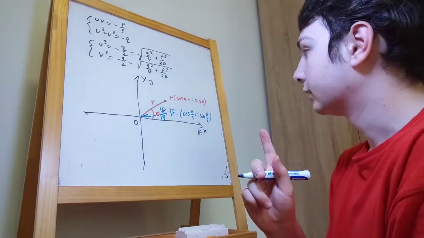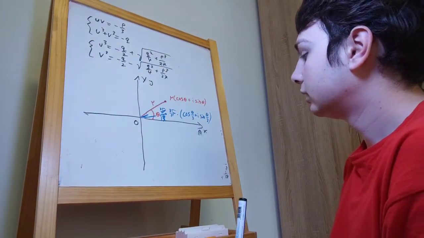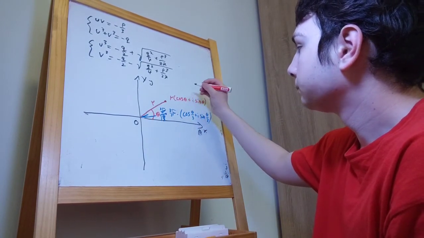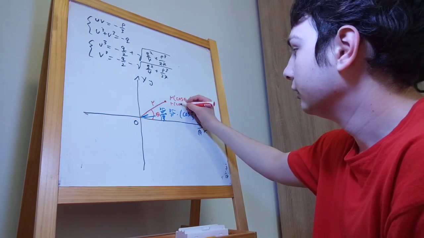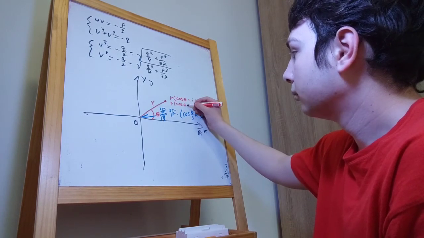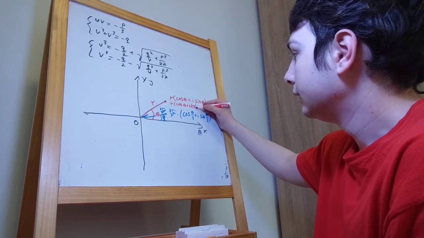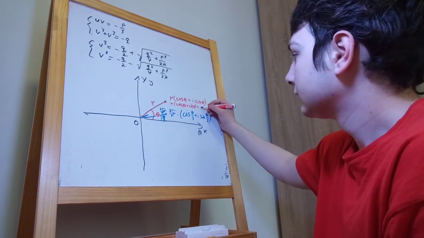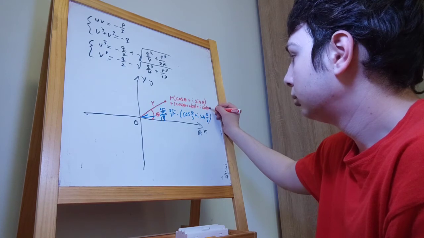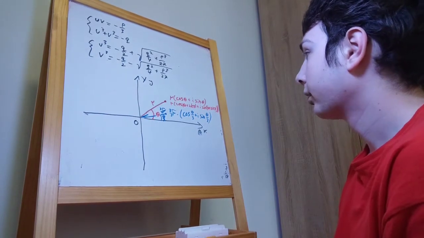But think about it. This number could not only have been written like this, it could have also been written as r times (cosine of theta plus 2k pi plus i sine of theta plus 2k pi), where k is an integer.